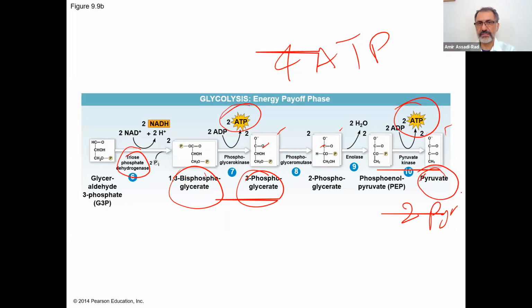I hope I'm making some sense. Since you have 2 pyruvates, you're converting 2 ADP to 2 ATP in that step, and converting 2 ADP to 2 ATP in that step. So you generated 4 ATP.